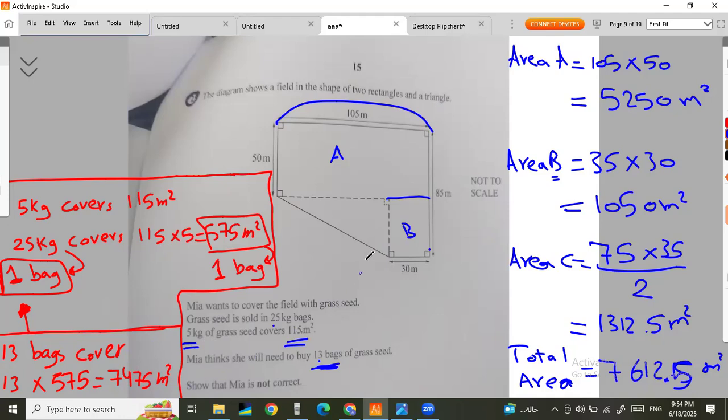So how many meters squared is the field actually? Now we need to find the area of this field. Again, everything we did with the red pen was to find out how many meters squared 13 bags will cover. If you're still confused in this part, you're not confused because you do not understand.